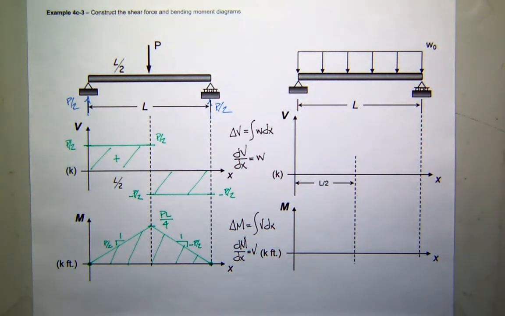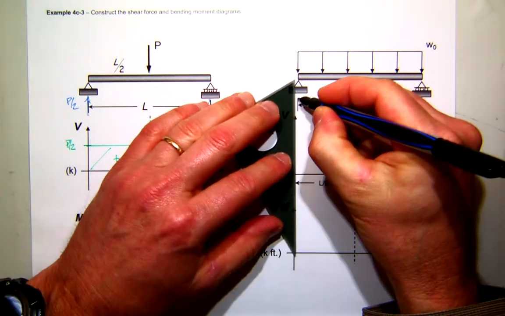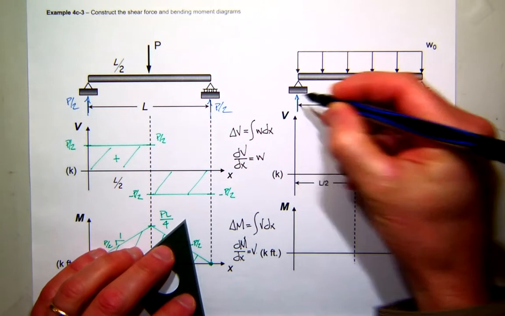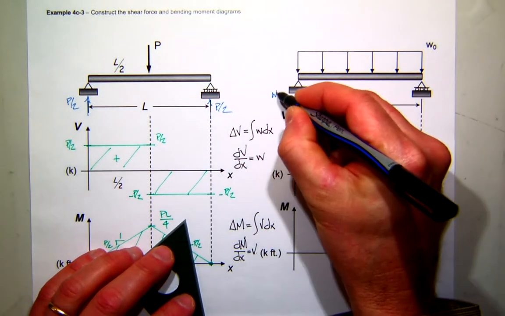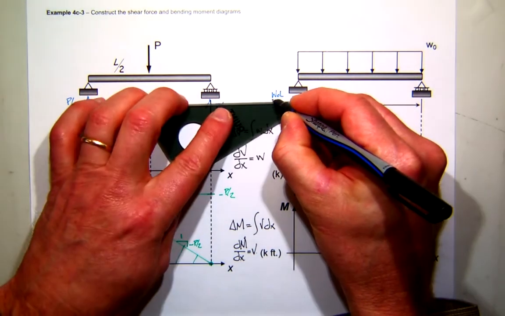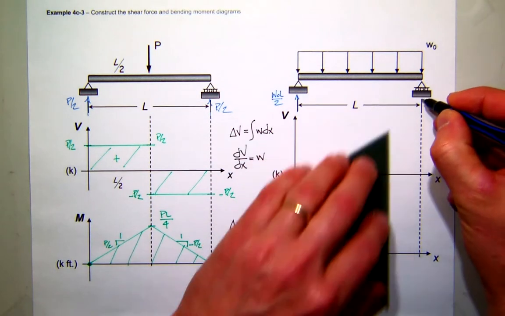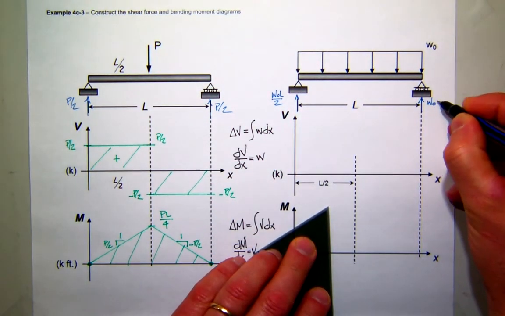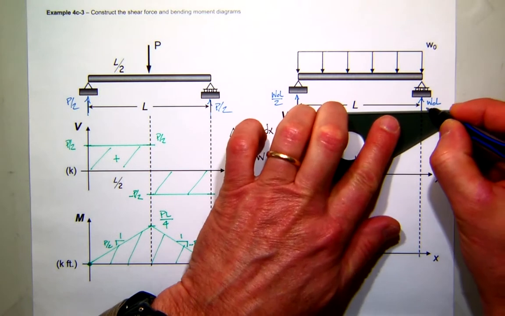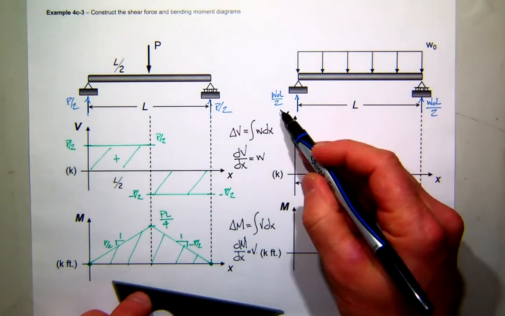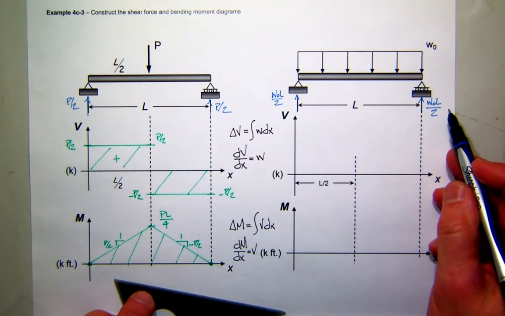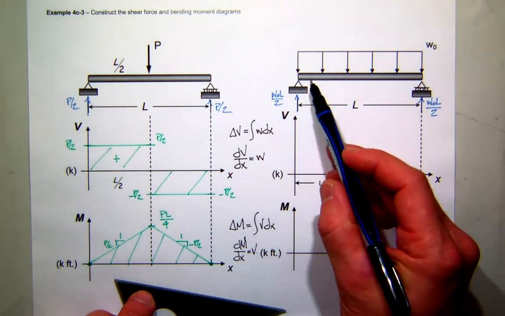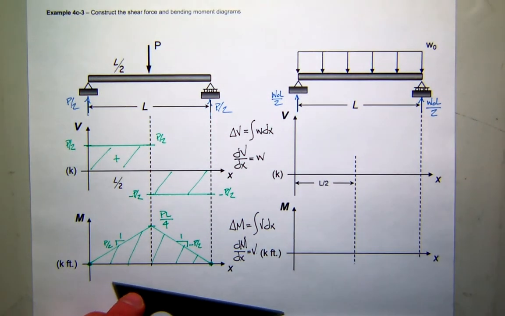I'm going to shortcut the process a little bit and tell you that the reaction on the left side should be W naught L over 2, and the reaction on the right-hand side is also W naught L over 2. Basically half the total load to one side, half to the other. They're both pins, so we know there's no moment.